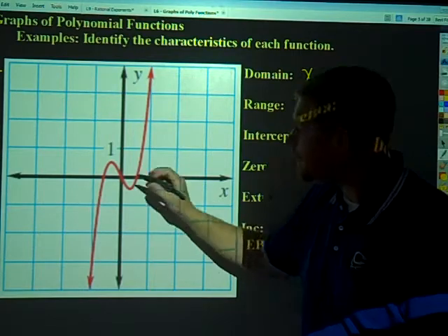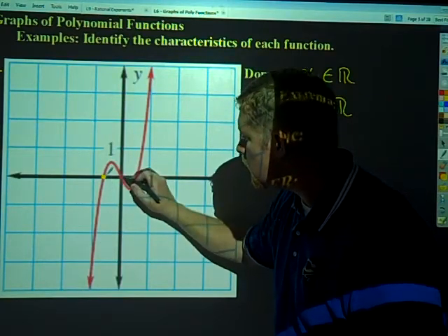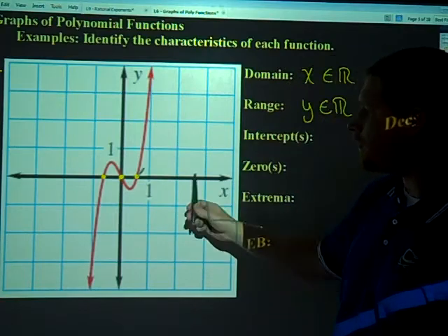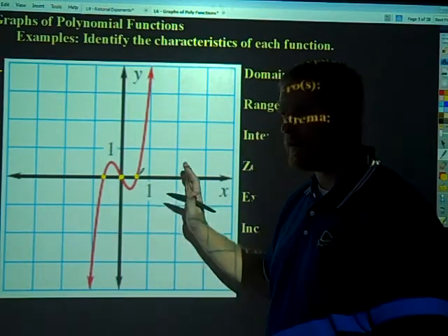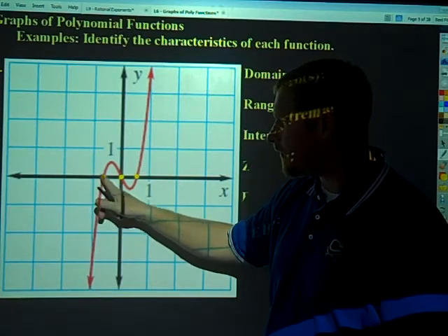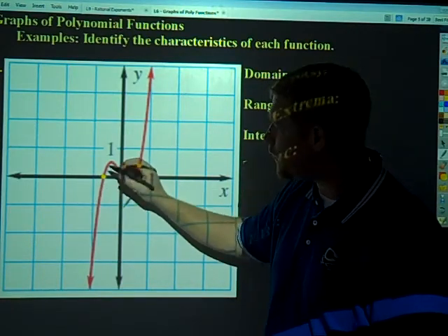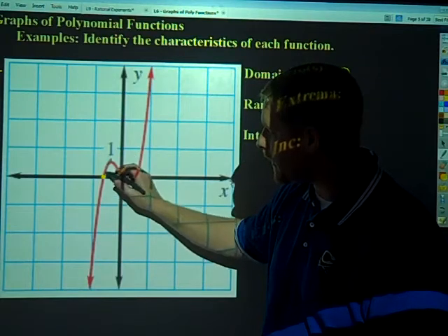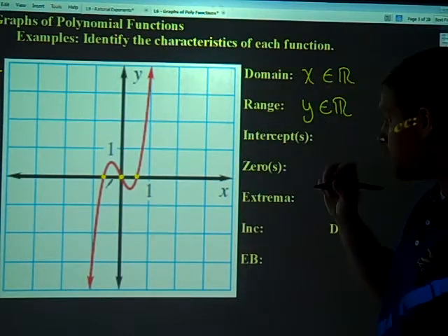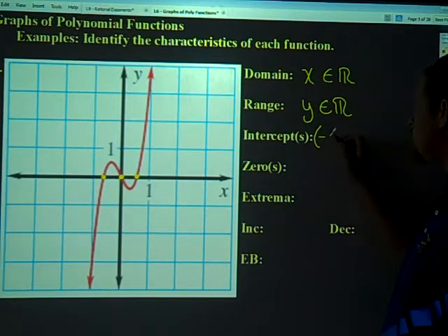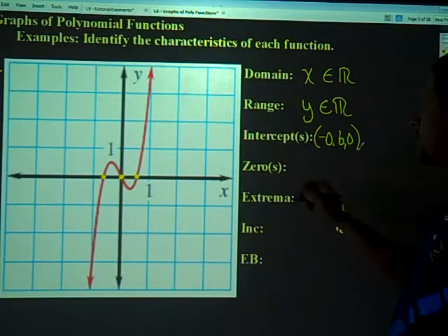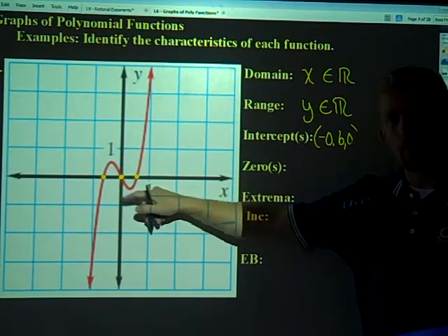The intercepts, we can see, are right here. Now I realize that looking at this graphically, you kind of have to guesstimate exactly where this function crosses the x-axis. But we could say that's close to negative 0.6. So one of my intercepts can be negative 0.60. We also have one at the origin.